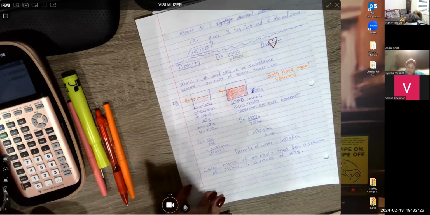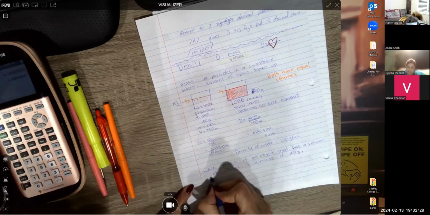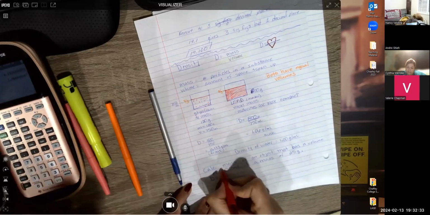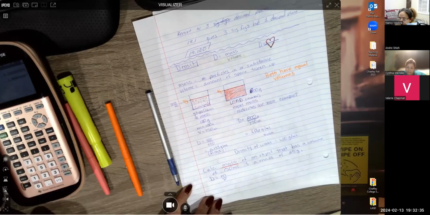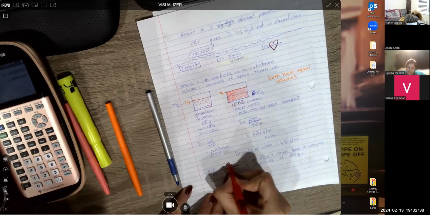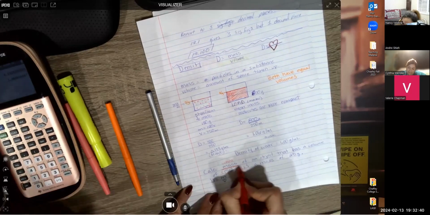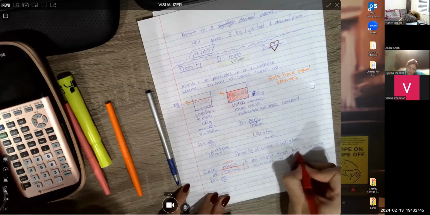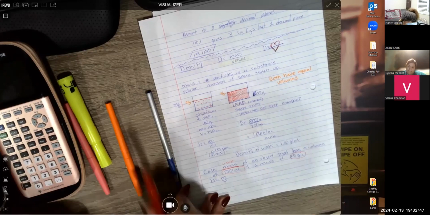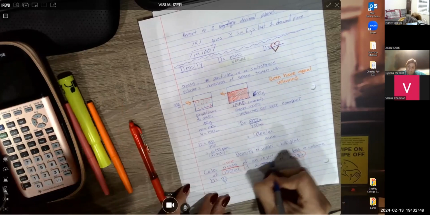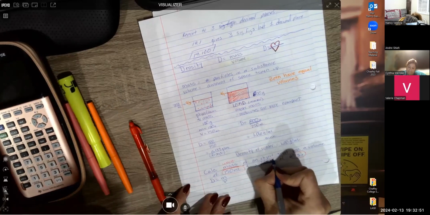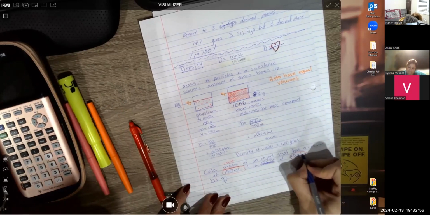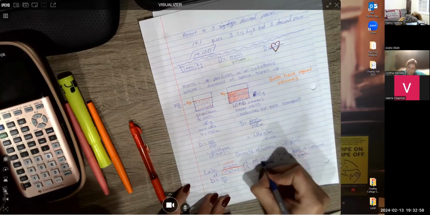The first thing you want to do is write your equation down. Density is equal to mass divided by volume. Note that we're going to calculate for mass. That's what I want. I have 150 milliliters, and that's my volume.